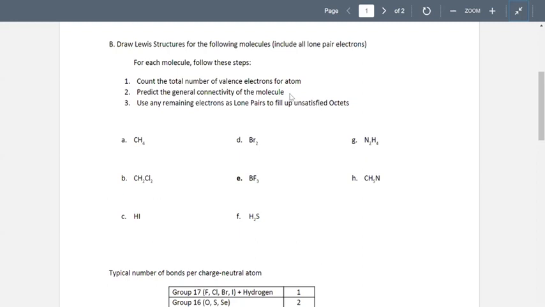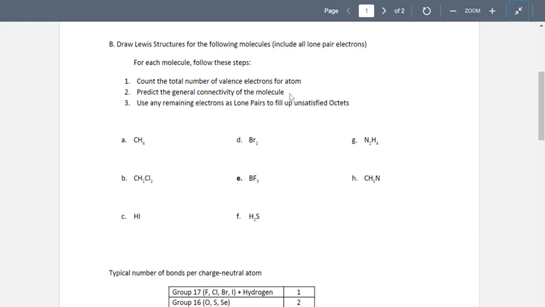So let's do one of these. So these are the single bonds. We're going to do this, and then we're going to move on to the double bond. So if you have tried any of these and want me to do a special one, let me know.